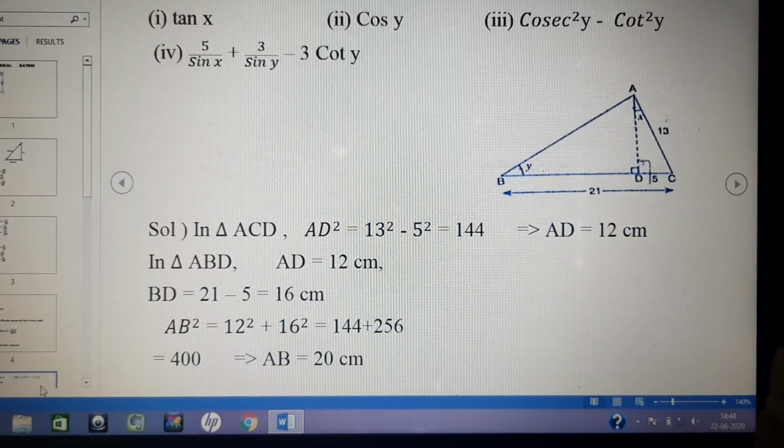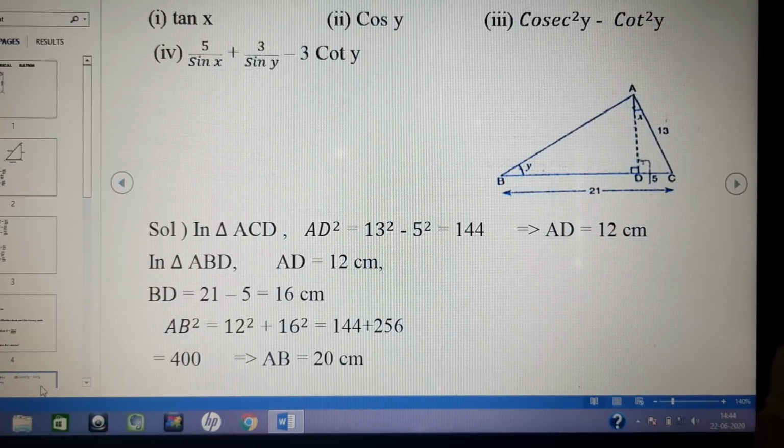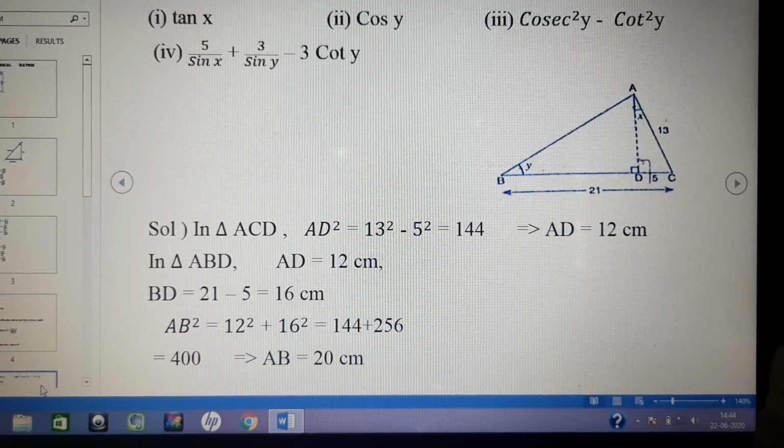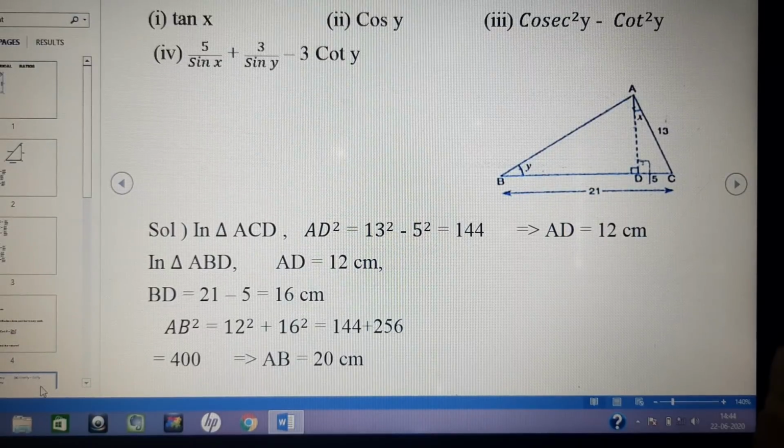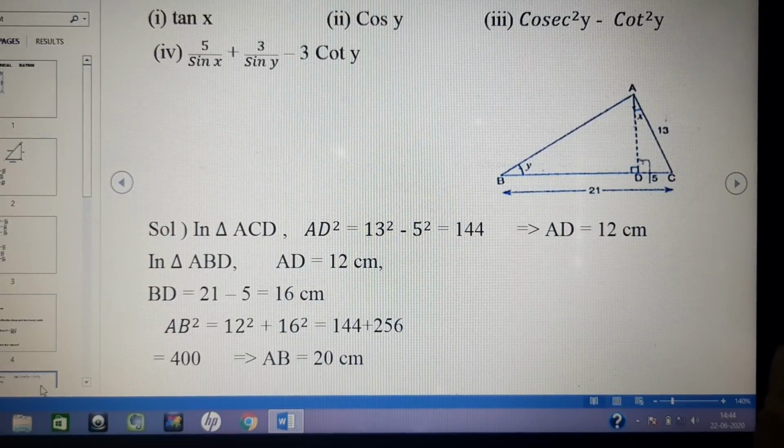We need to first of all look for whether we have a right angle triangle or not. It should have a right angle triangle, otherwise we cannot apply trigonometrical ratios. We should have a 90-degree angle. And then the second thing, we have to look for the acute angle, and according to that only we'll decide what is perpendicular, base and hypotenuse.